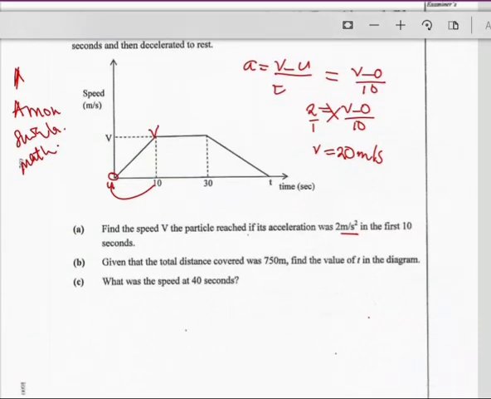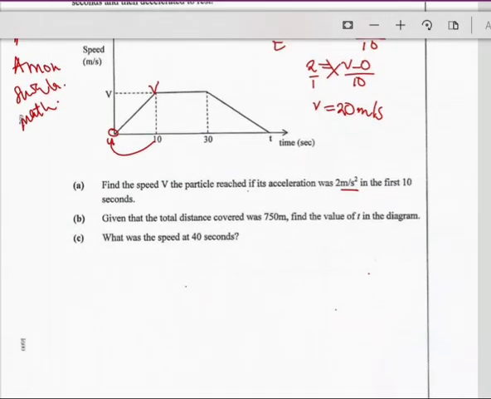Let's go to the second part. It says, given that the total distance was 750, find the value of t in the diagram. The total distance is found by calculating the area of the given shape.